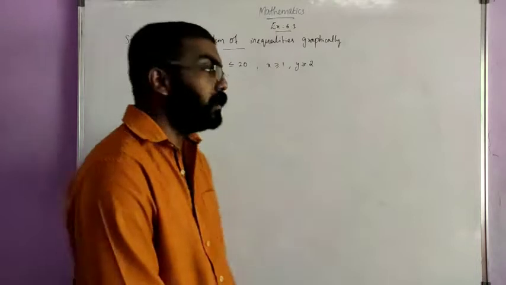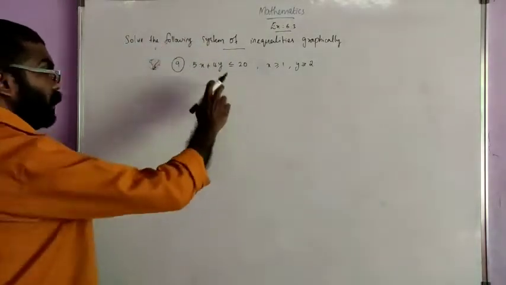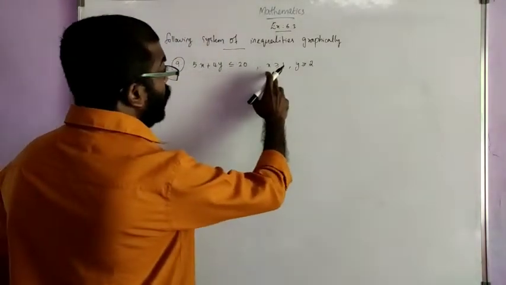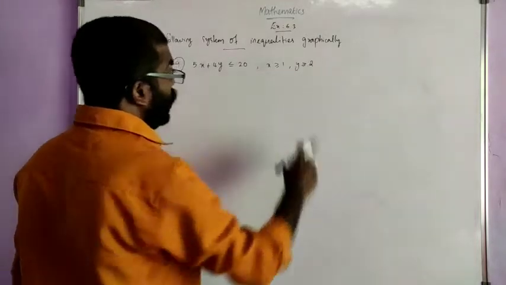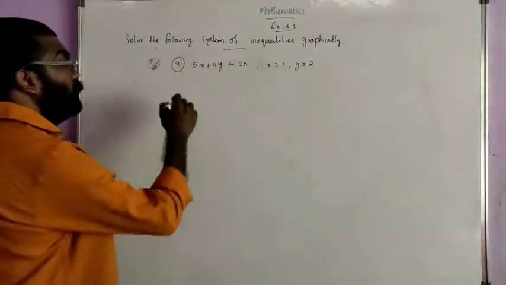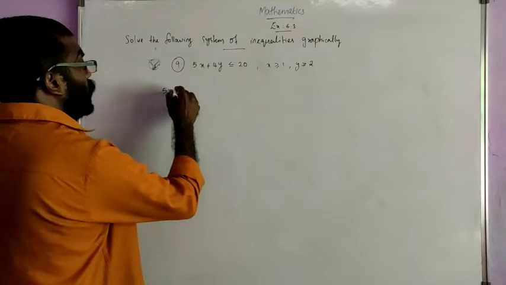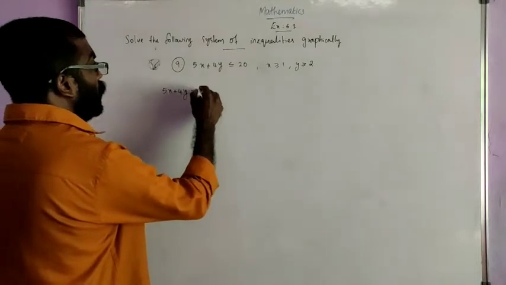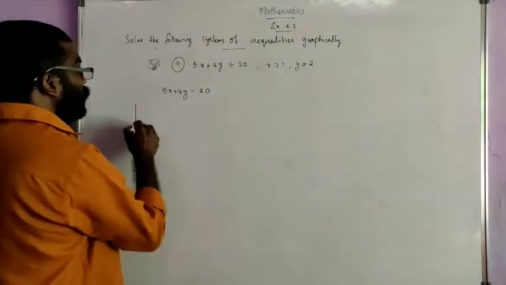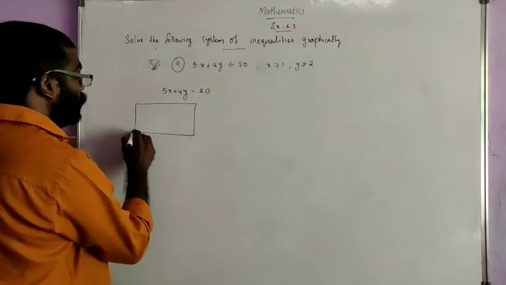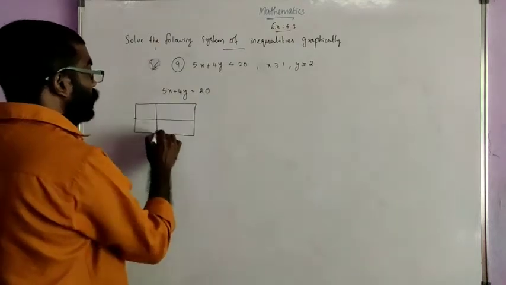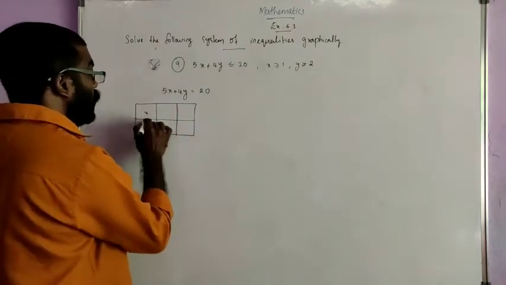Here the next question is 5x plus 4y less than or is equal to 20, x greater than or equal to 1 and y greater than or equal to 2. So 5x plus 4y equal to 20. From this we can write the x values and the corresponding y values.